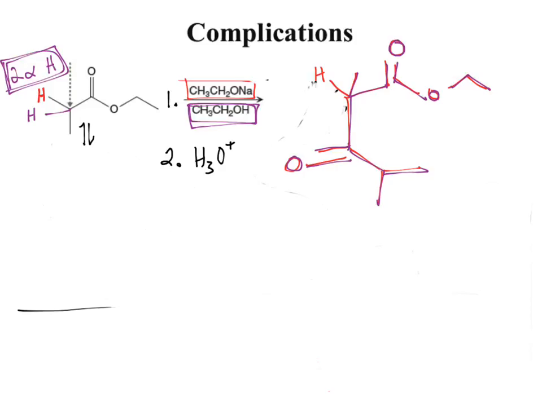So it's effectively the same chemistry, but we have some limitations or complications within it that we have to watch out for. So when running the Claisen reactions, okay, so the aldol with esters, you need 2 equivalents of base for that reagent to work, okay, for that reaction to occur. Questions about that? Okay.